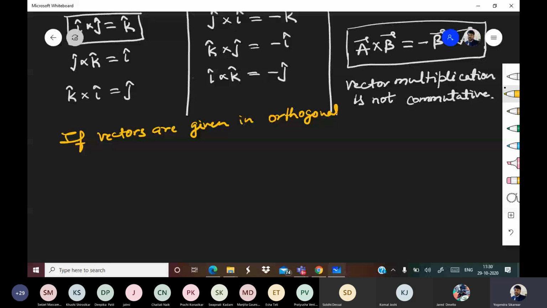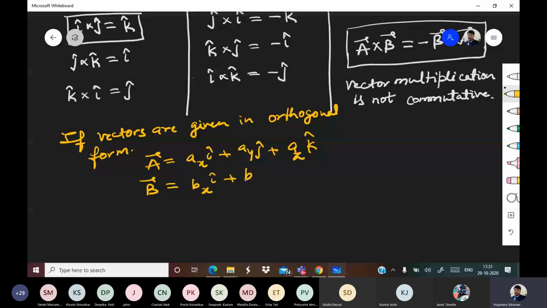That means A vector is equal to Ax i cap plus Ay j cap plus Az k cap, and B vector is equal to Bx i cap plus By j cap plus Bz k cap. And what you need to find is A cross B.